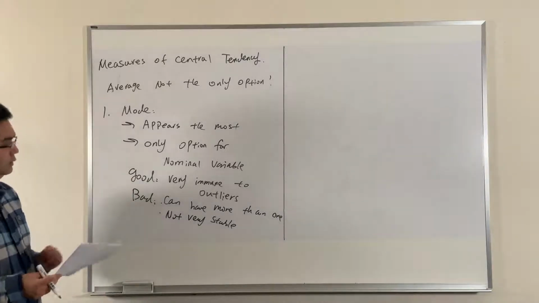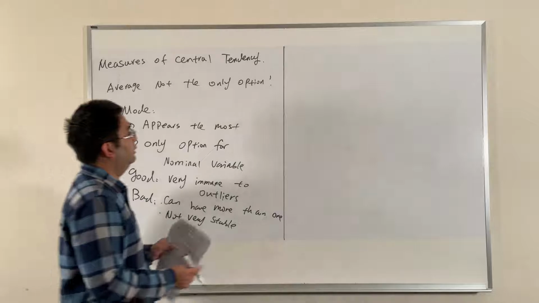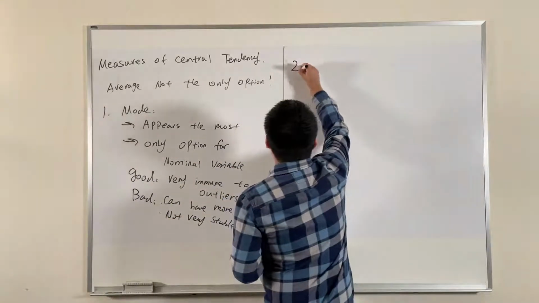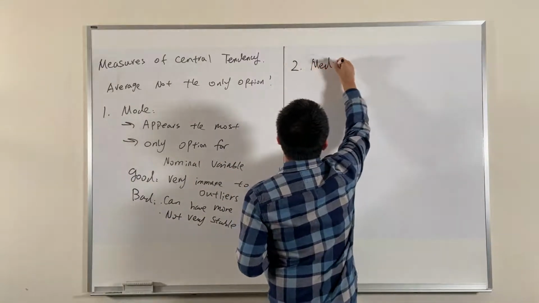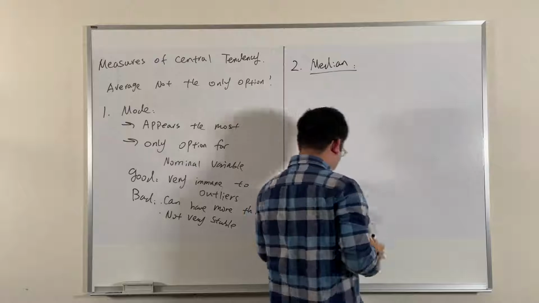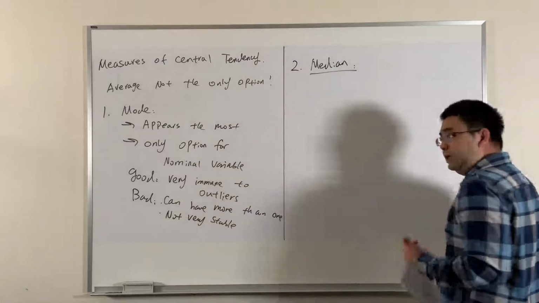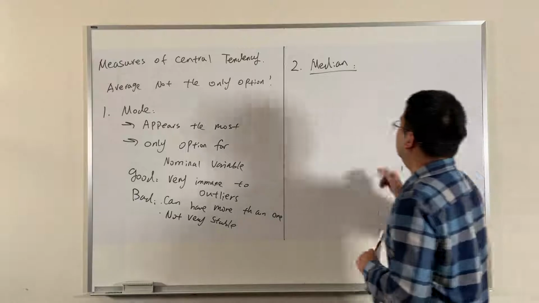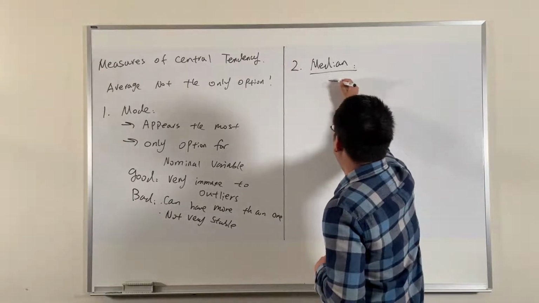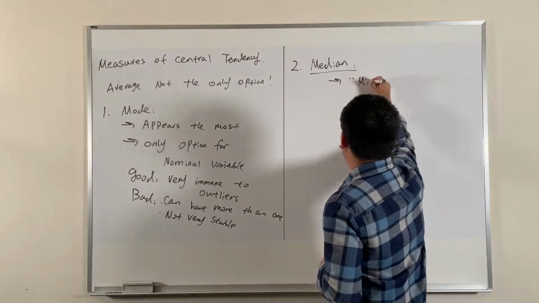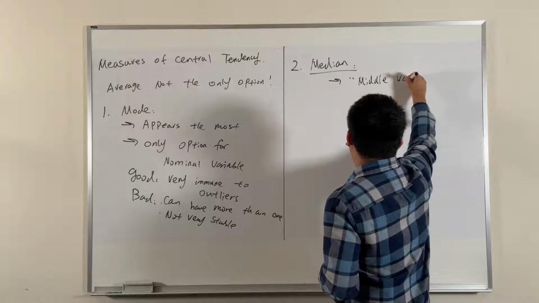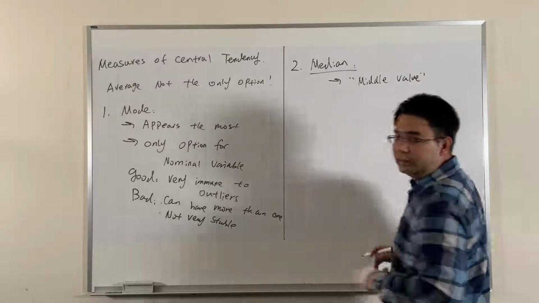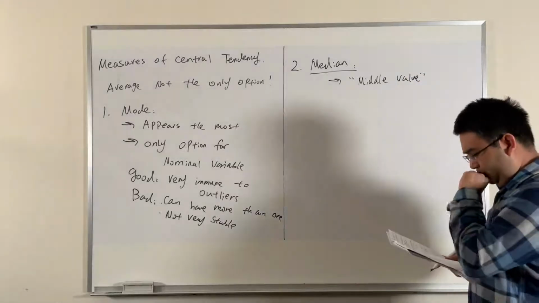Mode is the first option that we have. Next, we're going to talk about median, the second option. What's median? Median is just the middle value of a data set.